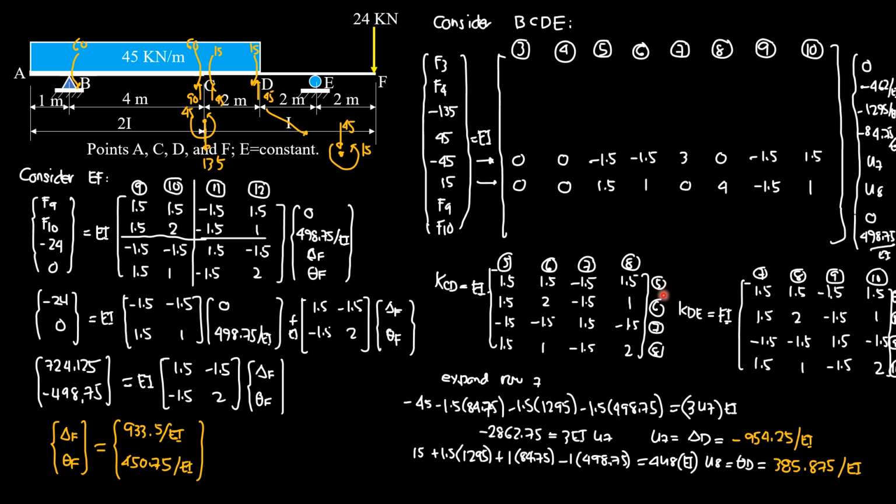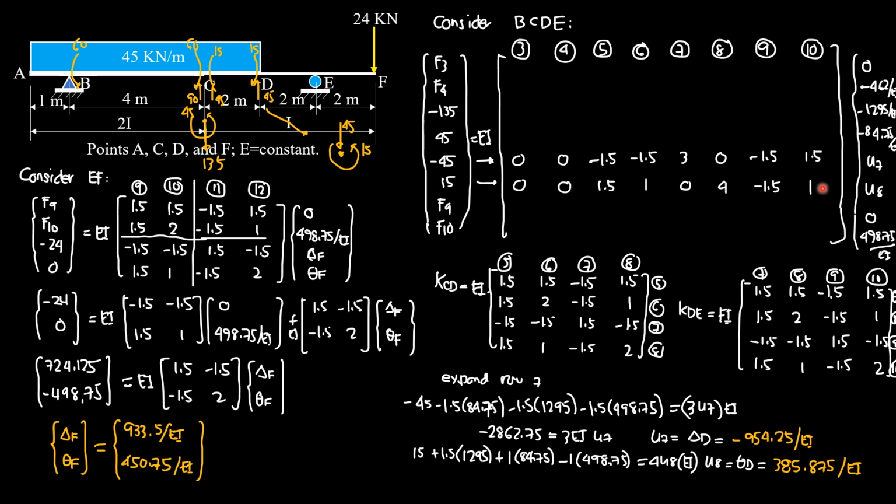7, 8 is negative 1.5 here, while 7, 8 here is positive 1.5, so negative 1.5 plus positive 1.5 is 0. 7, 8 is negative 1.5, 7, 8 positive 1.5, that's why it's 0. 7, 9, there's no 7, 9 here, but here 7, 9 is negative 1.5.